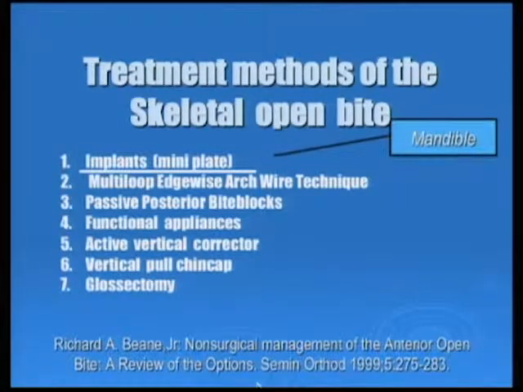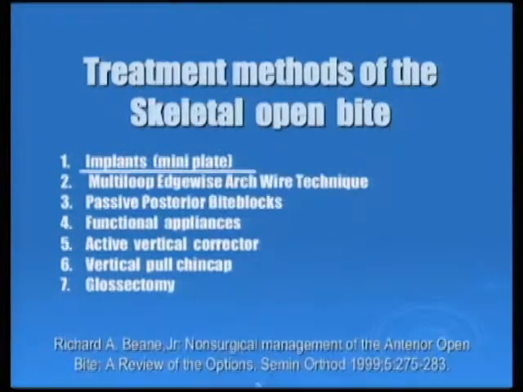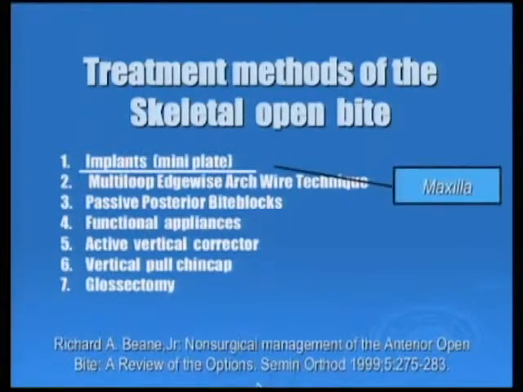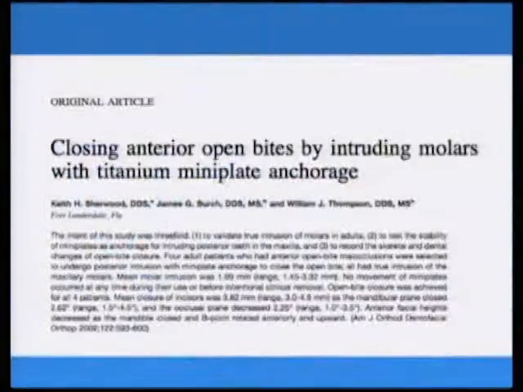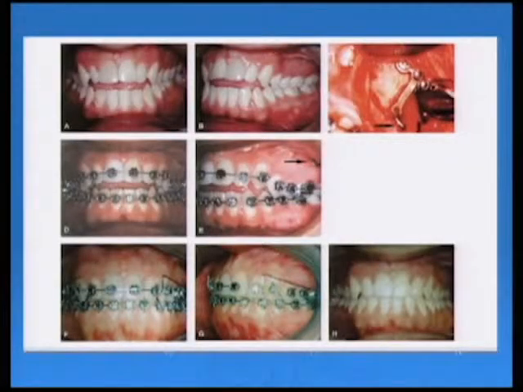Dr. Sugawara intruded mandibular molars with mini plates, and Dr. Sherwood introduced maxillary intrusion by maxillary mini plate. This is Dr. Sherwood's paper, and as we all know, he used the zygomatic mini plate.